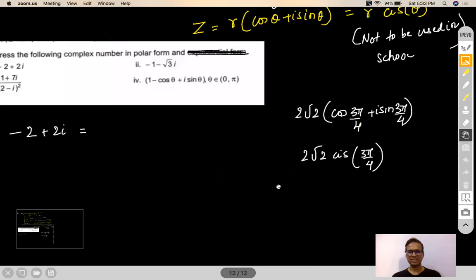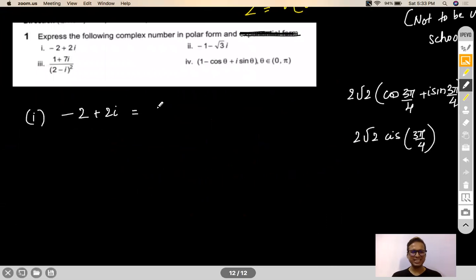So the first one I've already done, so no need to do it. 2 root 2 cis 3 pi by 4.